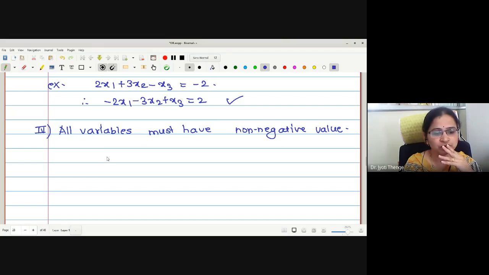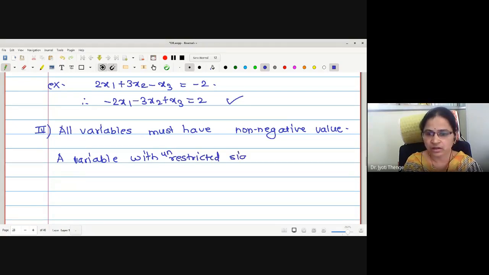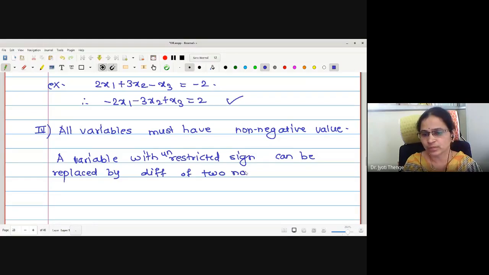What to do? Suppose a variable is unrestricted in sign. A variable with unrestricted sign can be replaced by the difference of two non-negative variables.